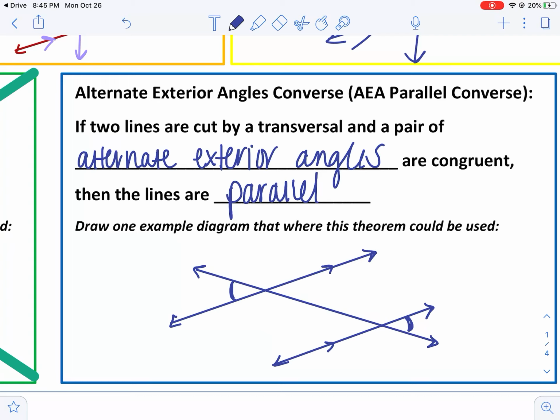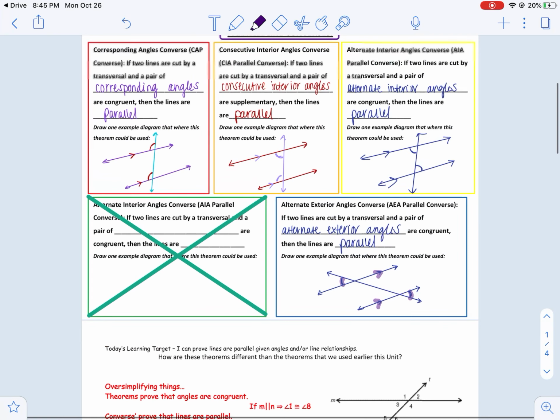Okay? So basically, we can look at the process as: if I see that these are congruent, then I can write these wonderful arrows stating the parallel lines.